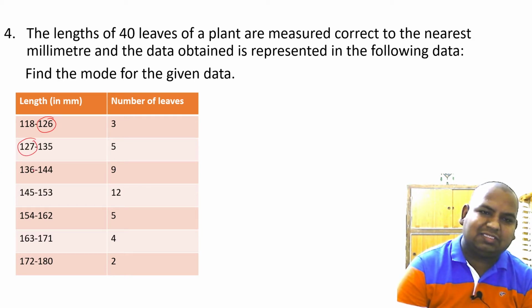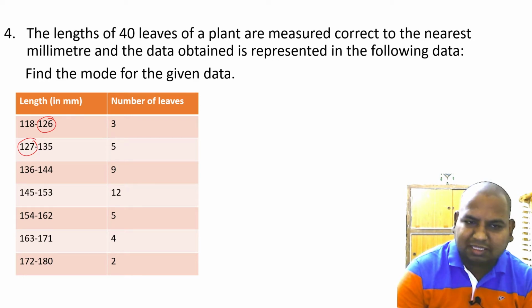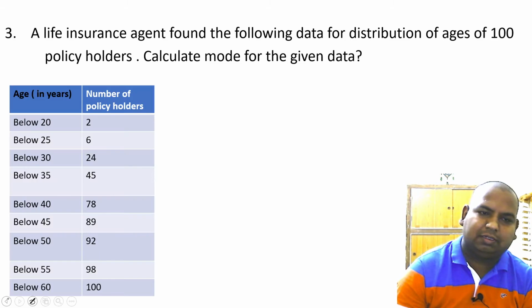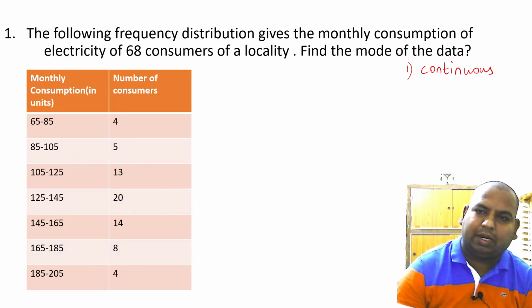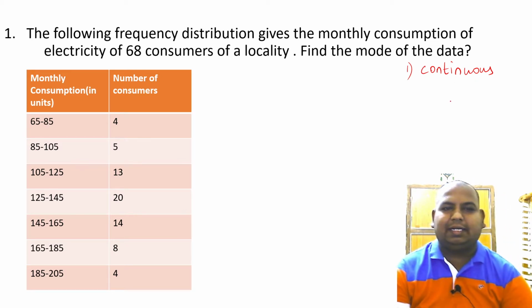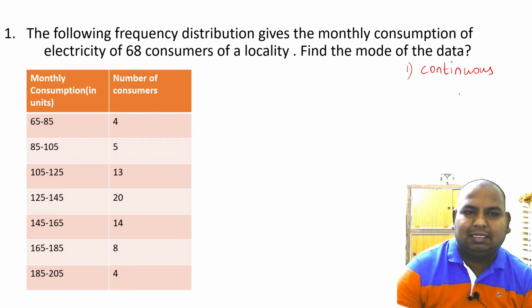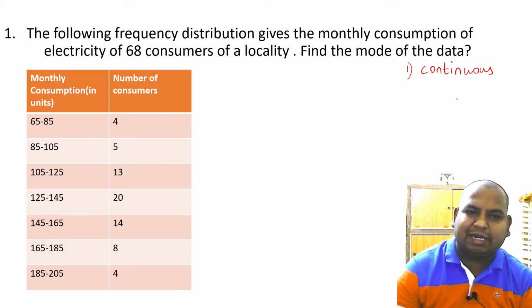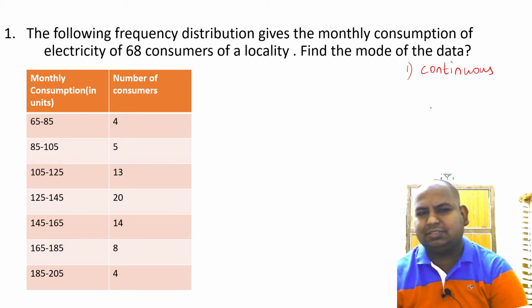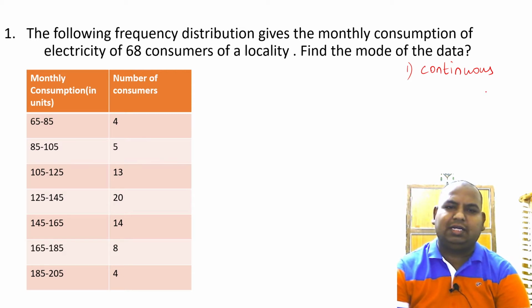When the class intervals are non-continuous, first make them continuous, then proceed to find the mode. This is step number 1. Before finding mode, you have to check whether the class intervals are continuous or not. If they are not, make them continuous and then proceed.